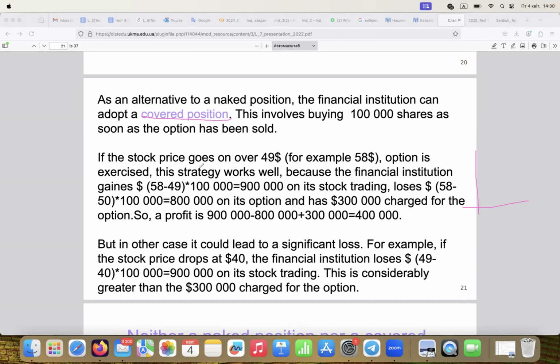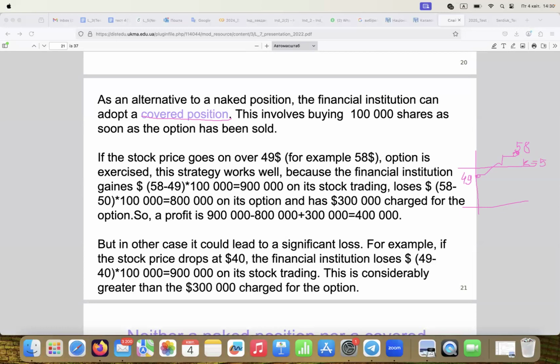Okay, the first scenario, today we have 49, and for example, in the future, it will be 58, and our strike price, you remember, K is 50.